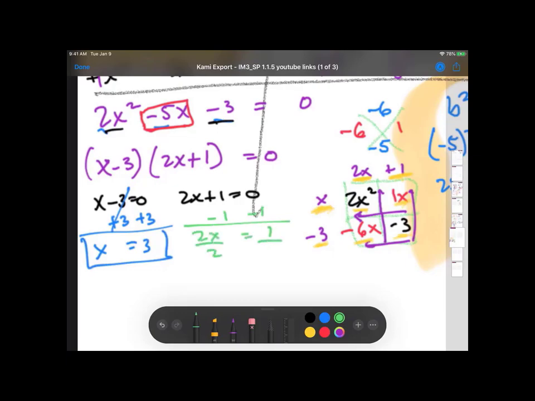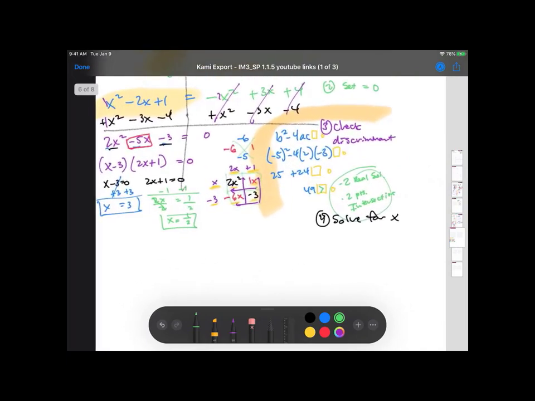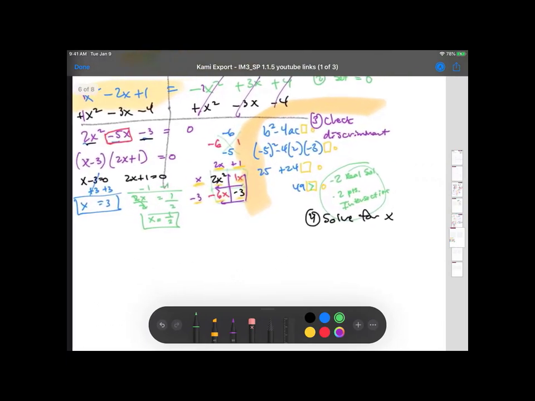So subtract 1, divide by 2. X is equal to negative 1/2. Okay, step number 5, solve for y.